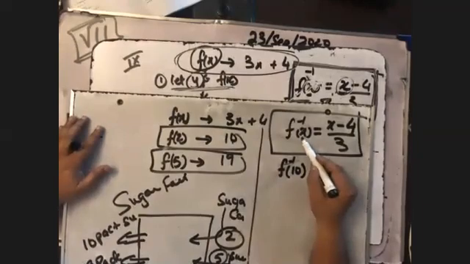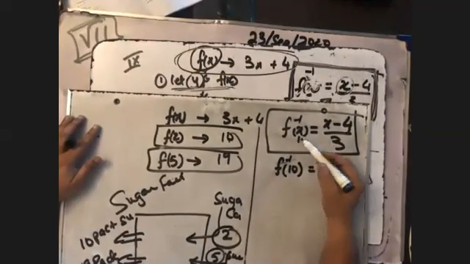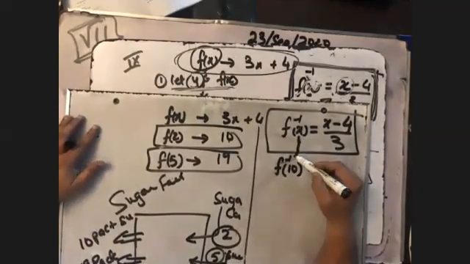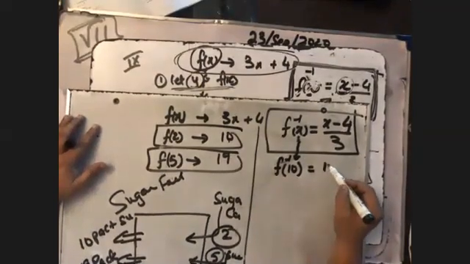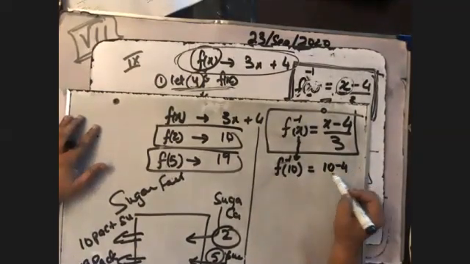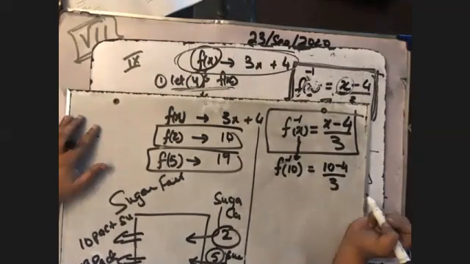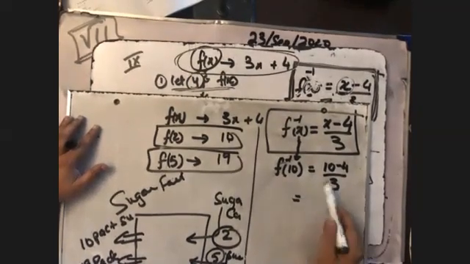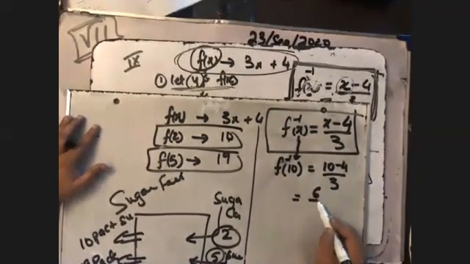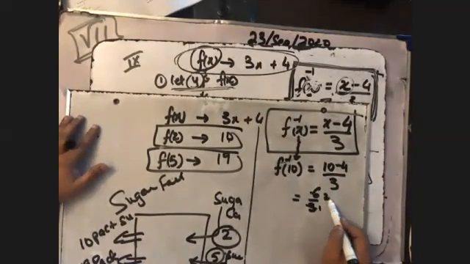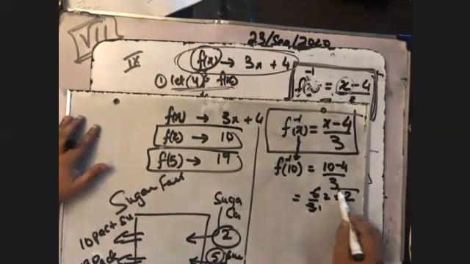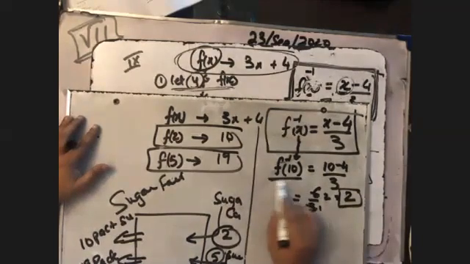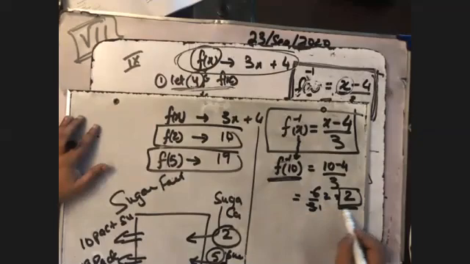In the inverse function, everybody look here. We plug in the value of 10. 10 minus 4 divided by 3. Now 10 minus 4 is 6. Divide by 3. 3 ones are, 3 twos are. Congratulations. Does the inverse of 10 give you 2?